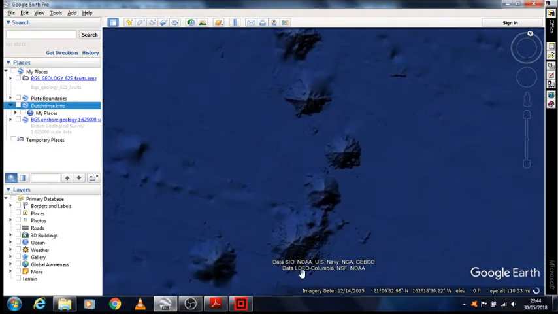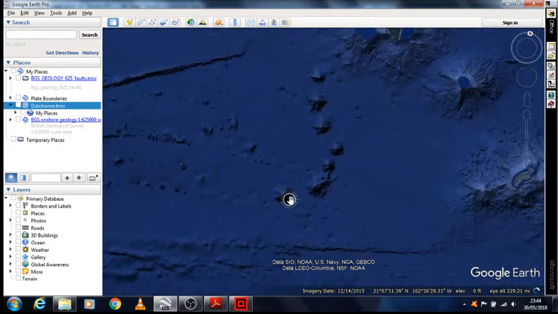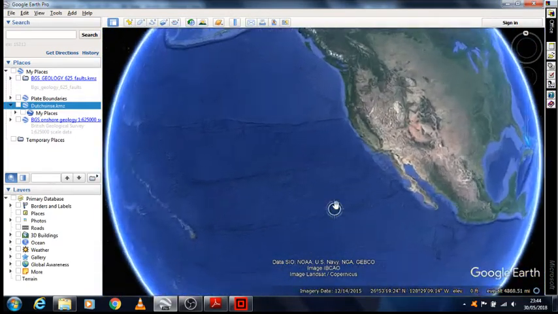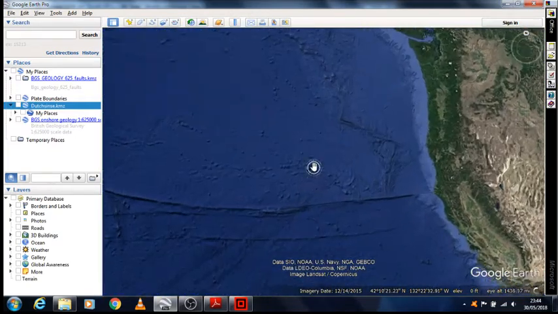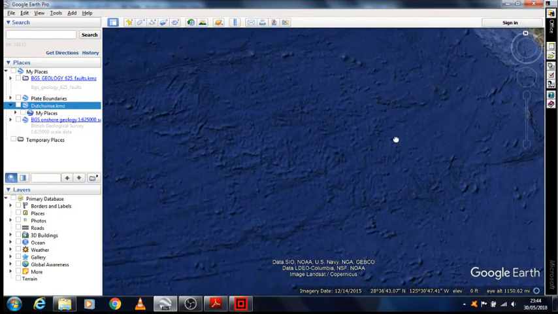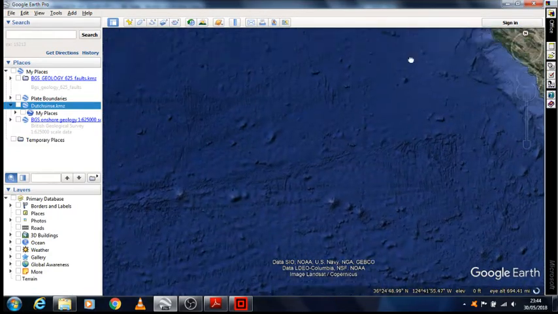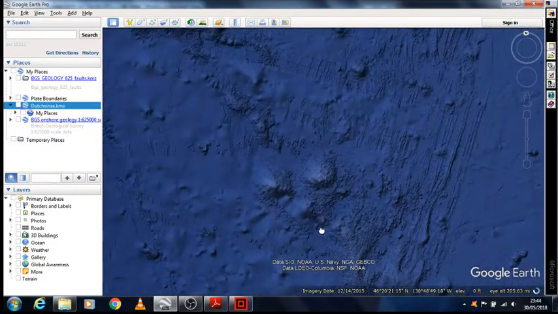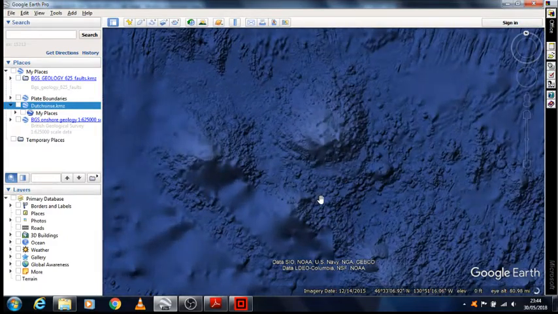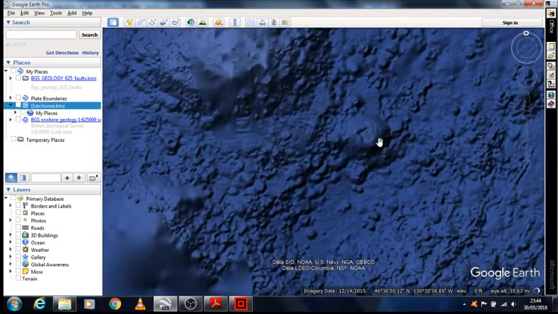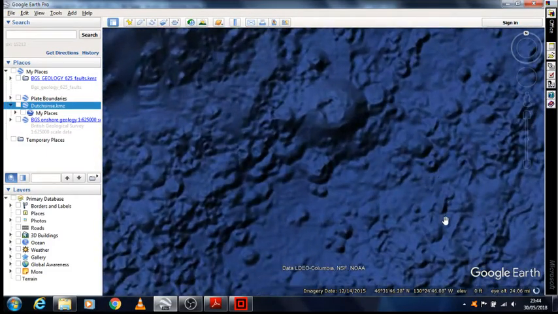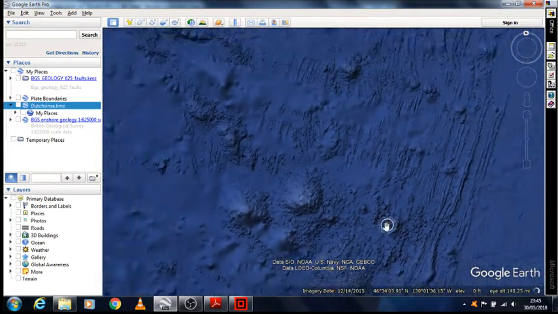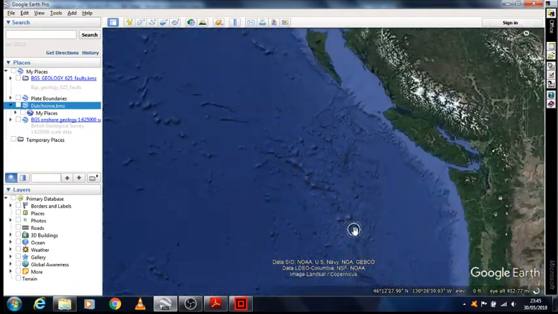So these are sea mounts and things, and you can get to see some really clear sea mounts at the US somewhere. I'm getting this right. I found some earlier. Little tiny coves. So there's a lot going on under the sea.